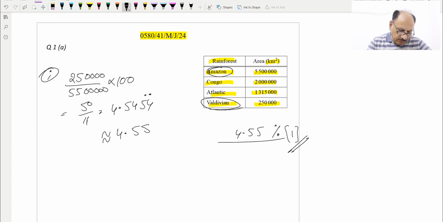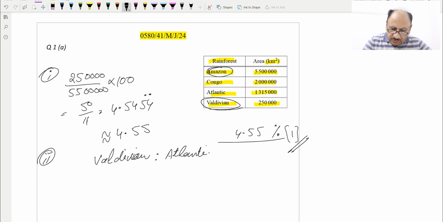Hopefully you understood. Then the second part says, write in its simplest form the ratio of the areas of the rainforest Valdivian, this one, the second one is Atlantic, and the third one is Congo.